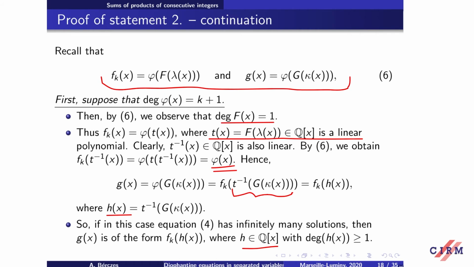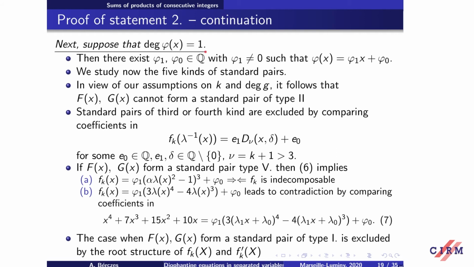And we will see that there are no other possibilities for infinitely many solutions, since the other possibility is when the degree of φ(x) equals 1. Whenever the degree of φ(x) equals 1, we can write φ(x) like this. And in this case, we have to study all the possible standard pairs. Now, we have 5 kinds of standard pairs. In the case of standard pairs of type 2, this can be excluded because there we have a polynomial of degree 2.